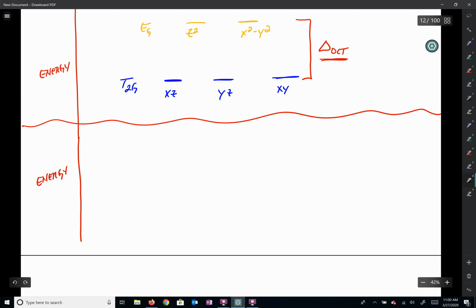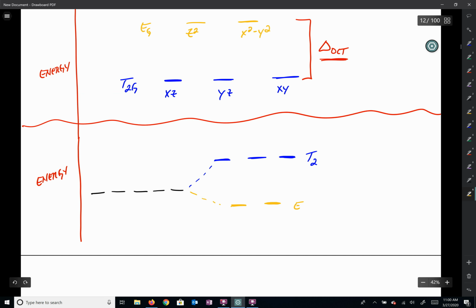So remember, we would start with an all-degenerate orbital set. And if we do tetrahedral, what's actually going to happen is this. Okay, so we're going to have an E and a T2 set.